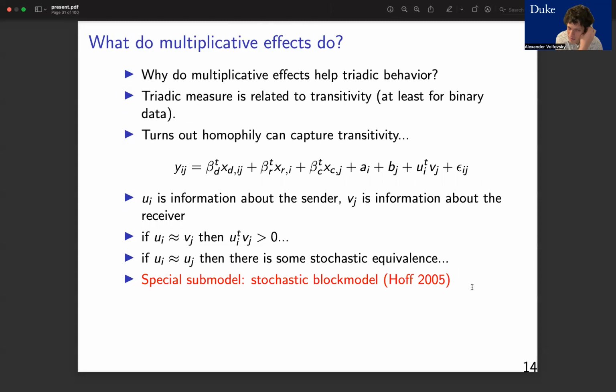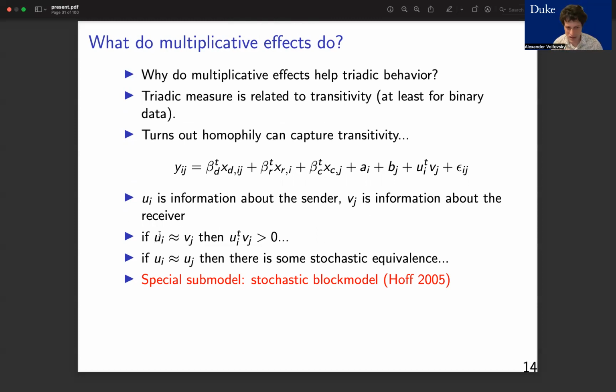Let's think a little bit about why these multiplicative effects are going to allow us to capture triadic information that is beyond second order. You can think about that as trying to capture something about transitivity. So UI is going to be our information about the sender. VJ is going to be information about the receiver.